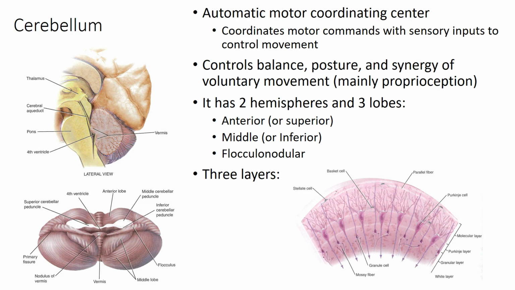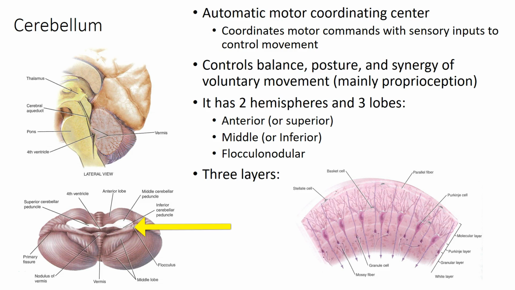The cerebellum, like the brain, can be broken up into some sub-pieces. It does have left and right hemispheres, as well as 3 lobes, one known as the anterior, but it's really in the superior position when you look at most of our images. The middle, which is more in an inferior position, and then a very small lobe, the flocculonodular lobe, which is fairly difficult to say.